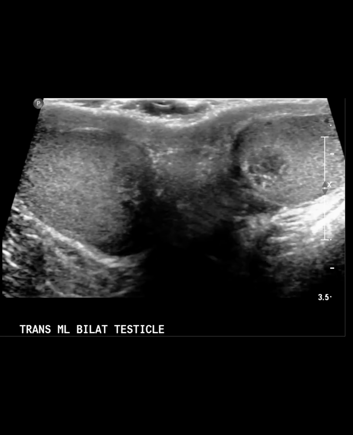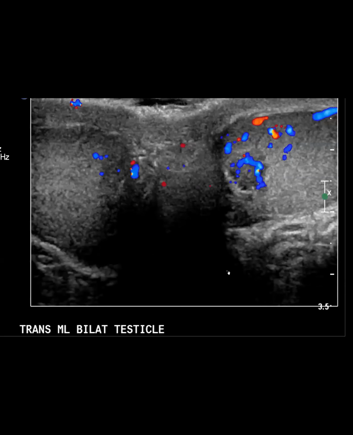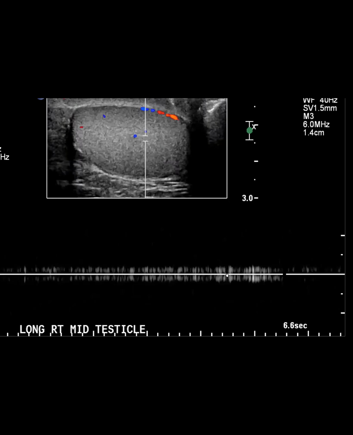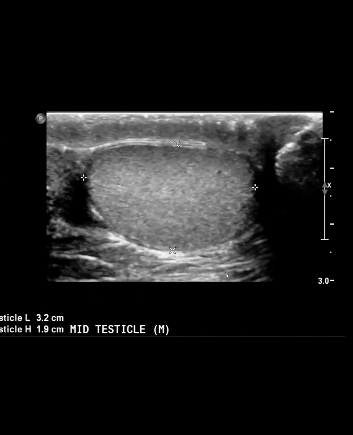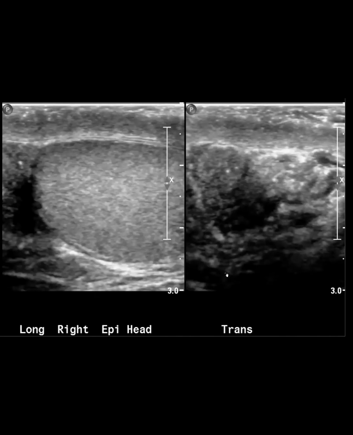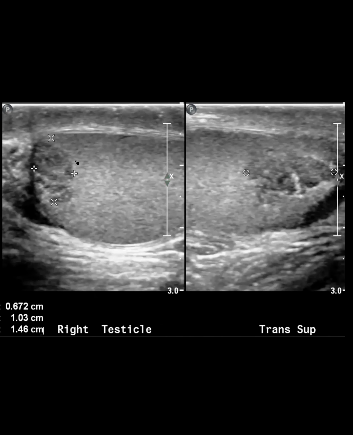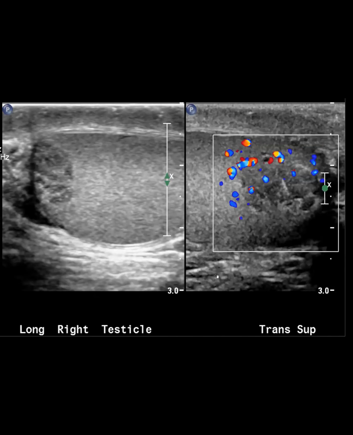Cool. Okay, this is my first case, and I want you guys to speak up or put some answers in the chat. So these are testicles, and you can see that there is this hypoechoic lesion in the right testicle with some flow in it.